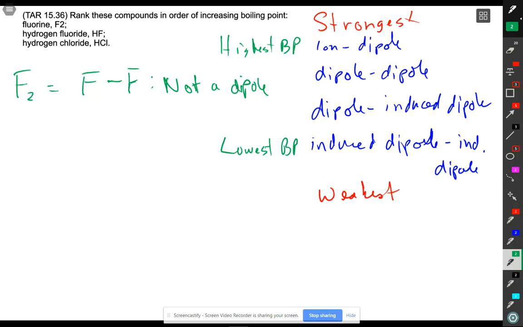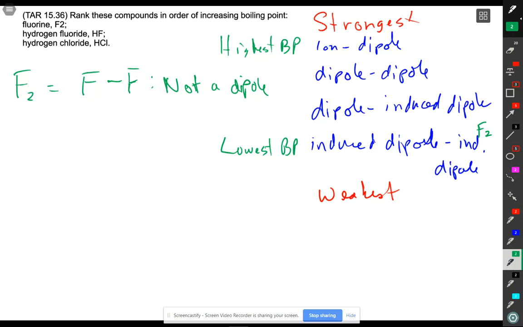Which of the 4 types, the 4 blue types of bonds can you have if it's not a dipole? Induced dipole. Induced dipole is the only kind it can have. So the fluorine is going to be of this type. So that fluorine is going to have the lowest boiling point.